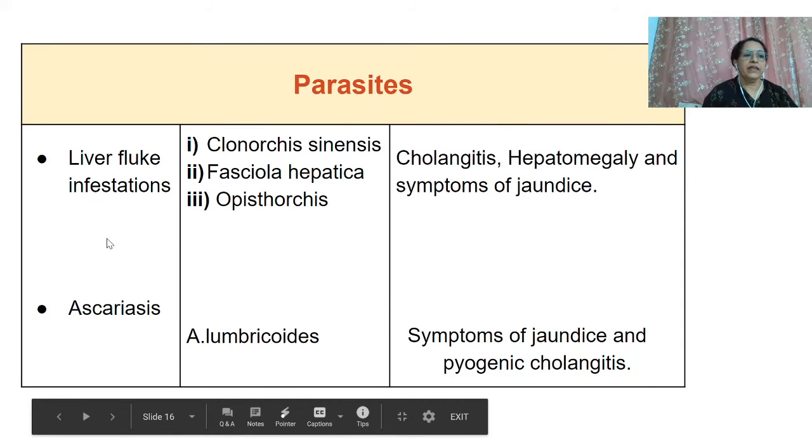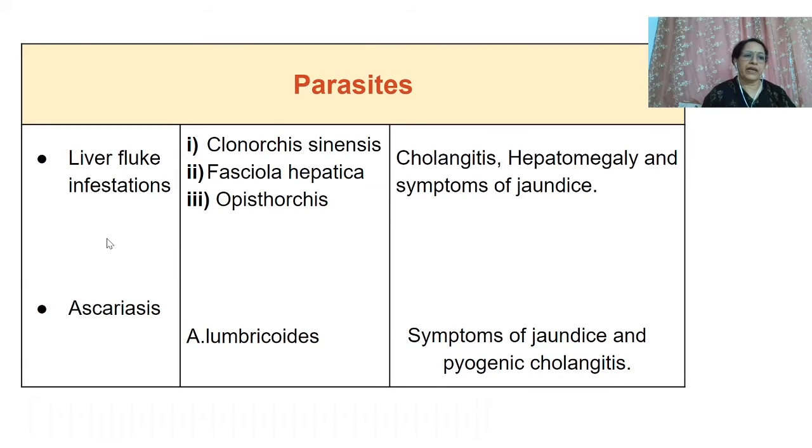Then the second helminth, or parasite involved in liver infection, is liver fluke infestation. There is infection by Clonorchis sinensis, Fasciola hepatica, Opisthorchis. These parasites may infect the liver, and there are symptoms of cholangitis, hepatomegaly, and jaundice. During this, there is severe abdominal pain and nausea.